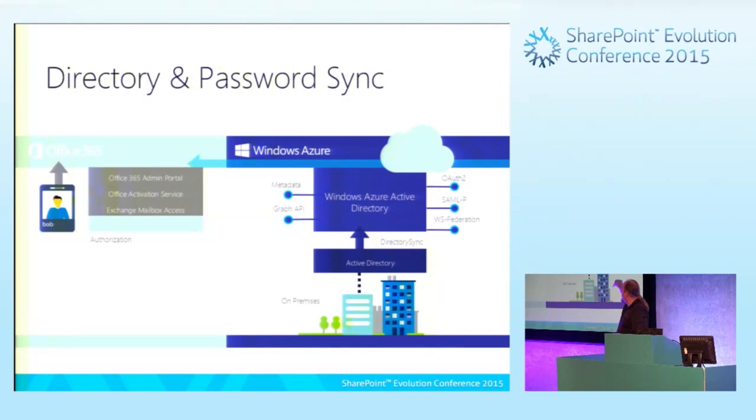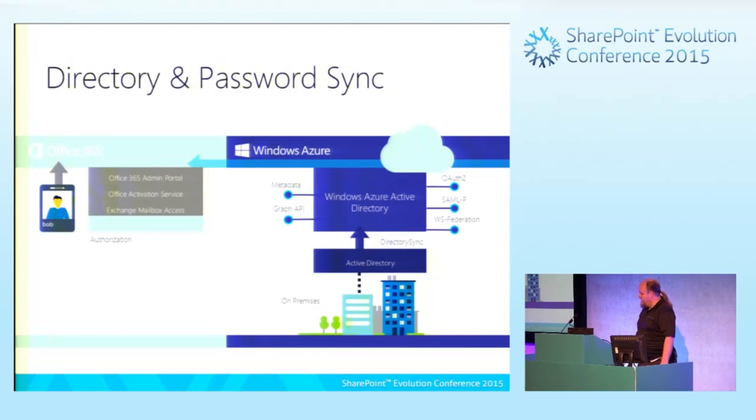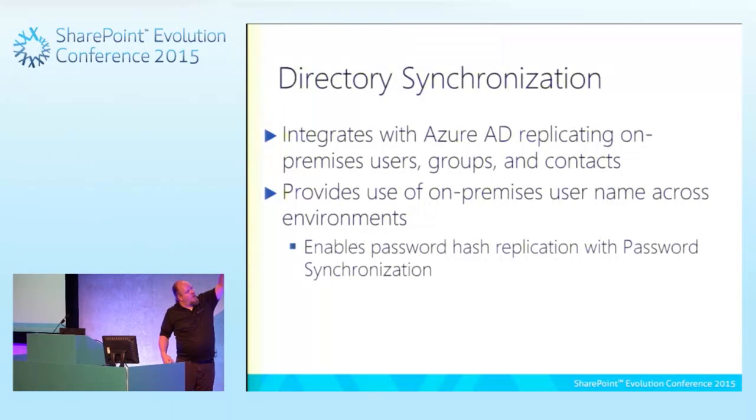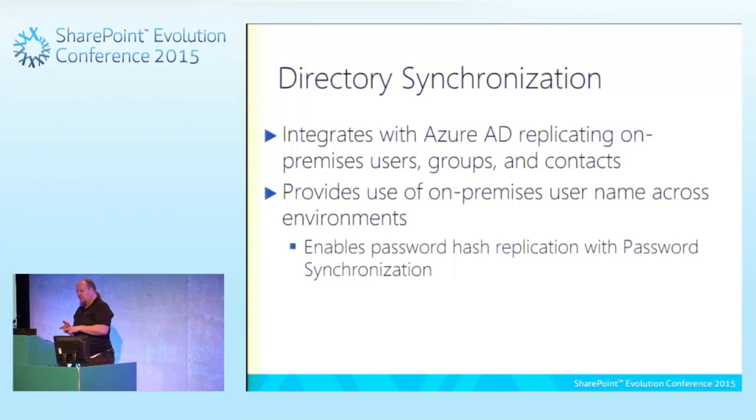One of the things we've seen in these directory sync deployments is that we sometimes have to do Active Directory remediation work to ensure that all the users have their user principal names defined. The directory synchronization takes all the relevant attributes and objects from your on-premises Active Directory: the users, the groups, and contacts.